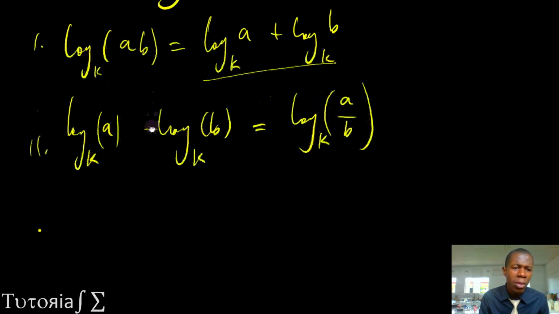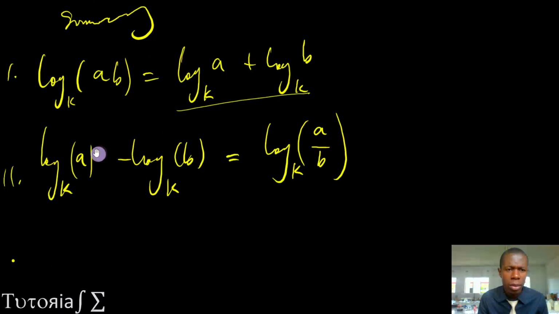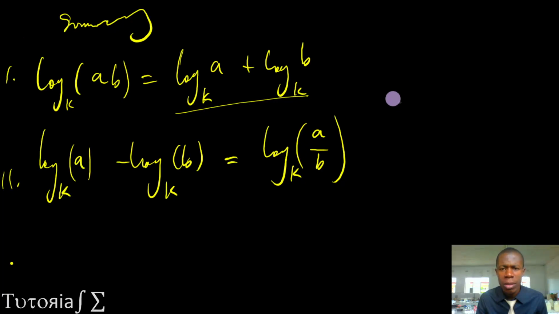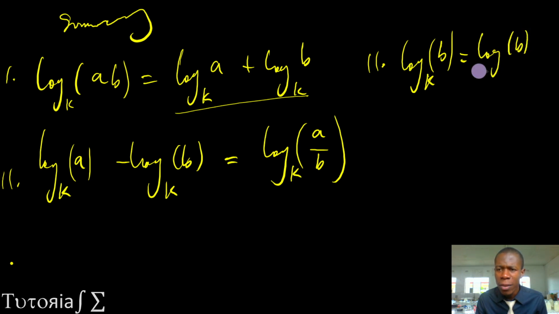Then we also talked about if we have log to base k of, let's say b, we can change this to base 10 by simply saying this is log of b over log of k. Then we also talked about the power rule.